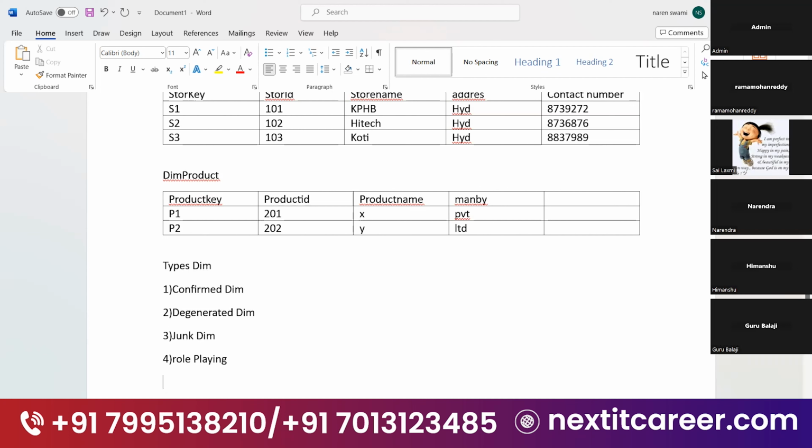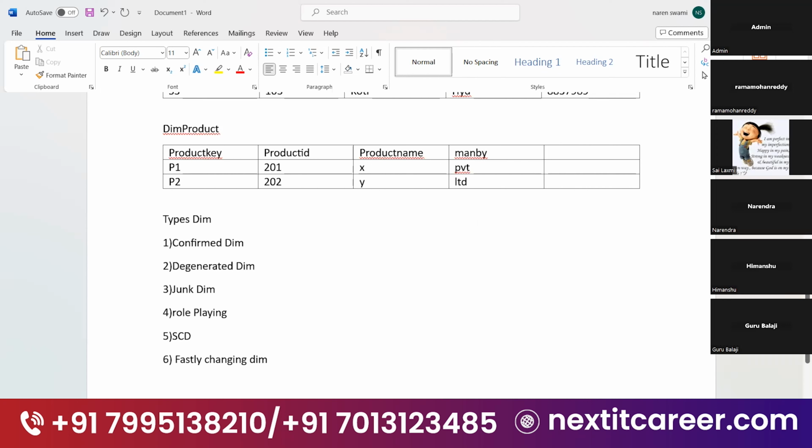Okay, junk, role playing, degenerated, and slowly changing dimension, SCD. It is called SCD, slowly changing dimension, and fast changing dimension.